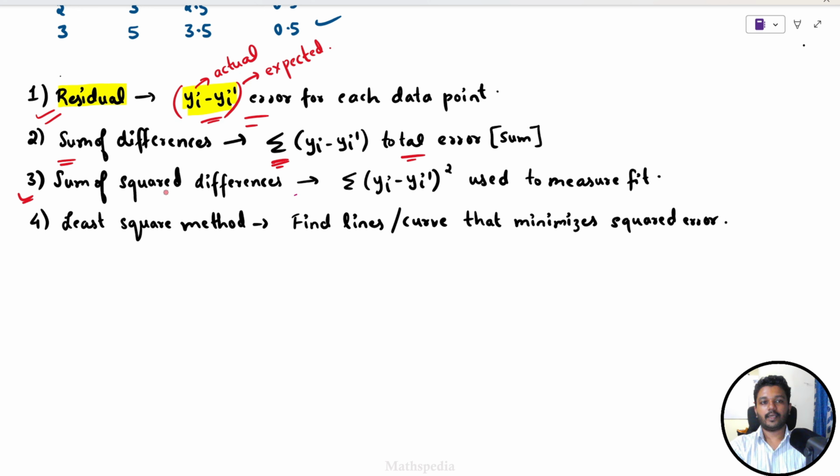The third point is the sum of squared differences. Squared differences we can say is SSE. So after the second step, we are going to take the square of the errors, which can be used to find whether the fit is good or not.